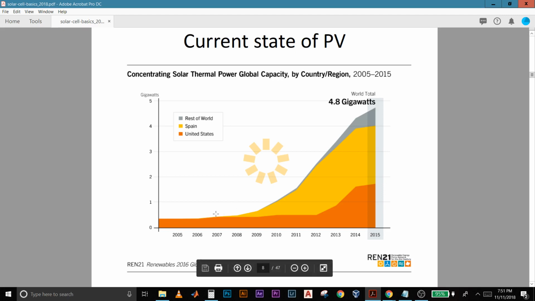But if we just look at how the state of the photovoltaics progressed from 2005 to 2015 over one decade, we can see that we have been able to produce up to 4.8 gigawatts per year as a world total, which is up from less than 1 gigawatt, about less than half a gigawatt. So definitely there's a lot of progress going on over here. And one interesting thing to see is that Spain is doing very well. They're leading the charge when it comes to solar photovoltaics power generation. That's very promising.